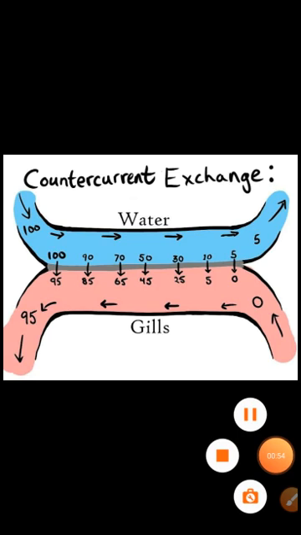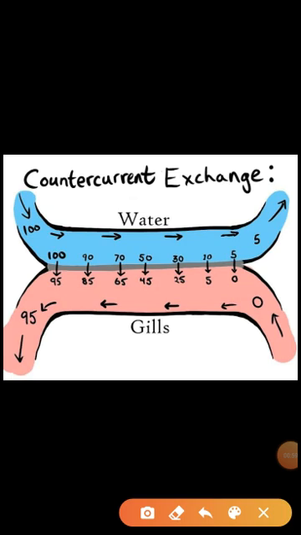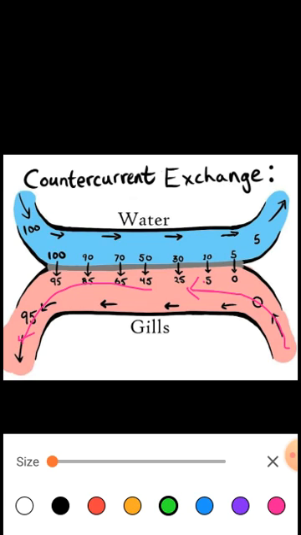In the gills there is blood flow, and that blood is flowing in this direction from inside of the gill toward outside, for example in a capillary, while the water outside the gill body is moving in the opposite direction, from this way to this way, right?